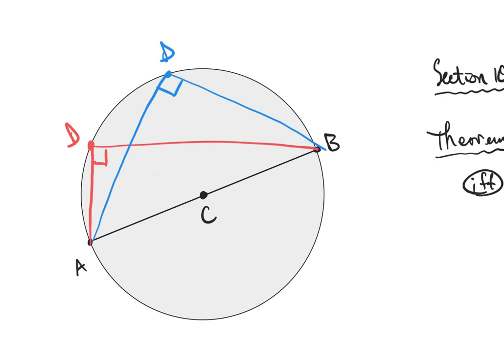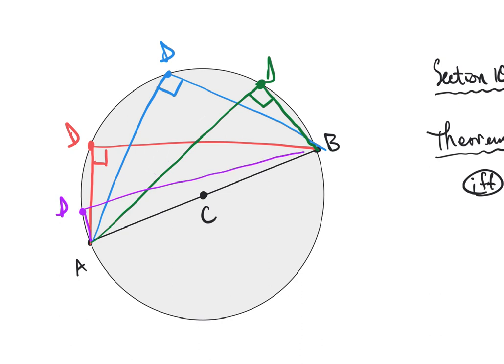If I would have placed D over here somewhere, if I connect D to A and D to B, that forces the angle to be 90 degrees. If I were to put D really, really close to A, but connect D to A and then D to B, that angle is going to be a right angle.